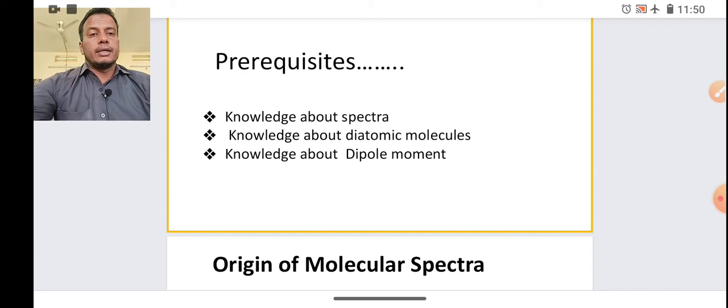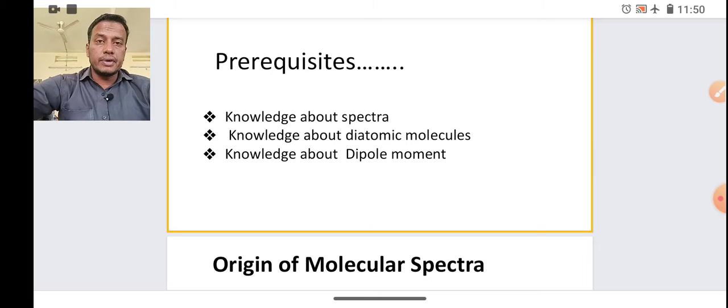Heteronuclear means they have different types of atoms, for example CO, carbon monoxide. So they are heteronuclear diatomic molecules.